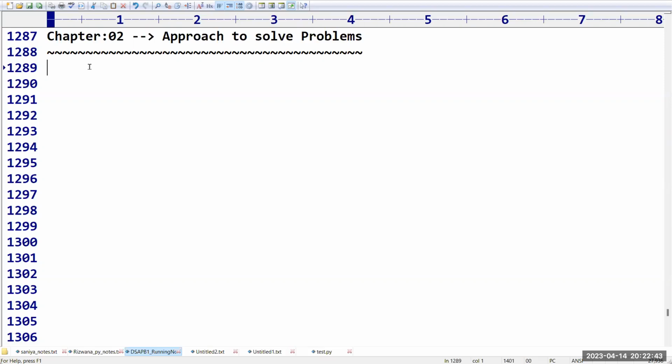When we compare with the C language, that is a completely functional programming aspect. So that's why OOPS concepts come into the picture. Correct, sir. That was my point.